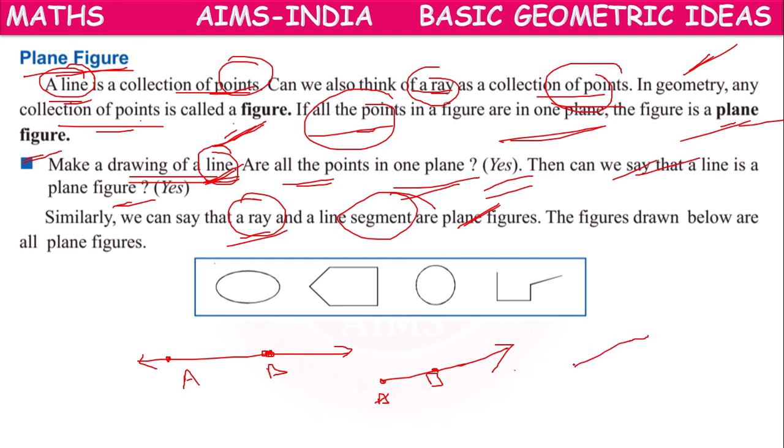A line segment has a fixed length because it has two endpoints. It is also an example of a plane figure. Because all the points of this line, ray, and line segment lie on the same plane, these three are said to be plane figures.